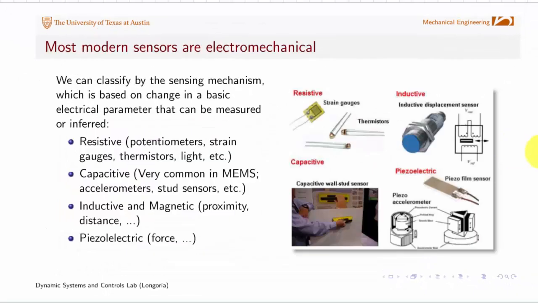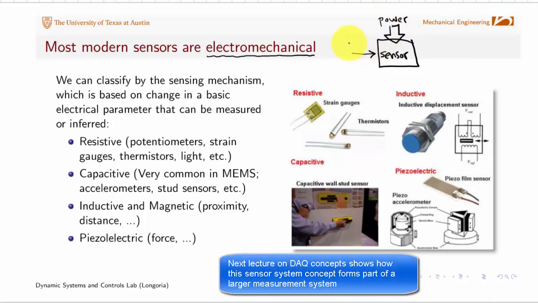The potentiometer is one of a large class of modern sensors that are mostly electromechanical. And we like electromechanical sensors because if you think of a sensor as just a system, you put power into it. Not all sensors need power, but a lot of sensors do. Then there's some ideal signal variable of some type that affects that sensor, and then we get some electrical quantity that changes.